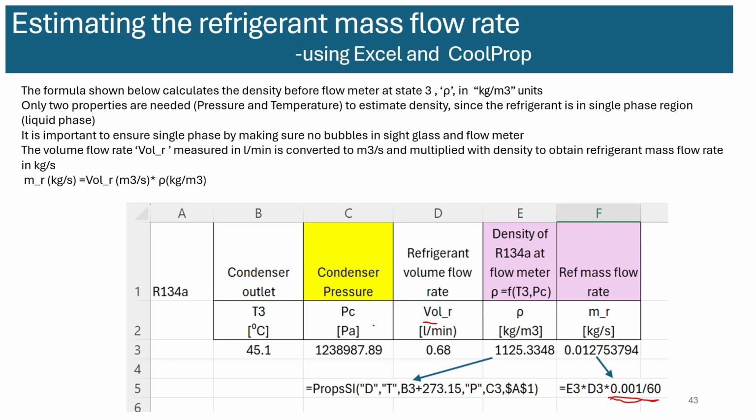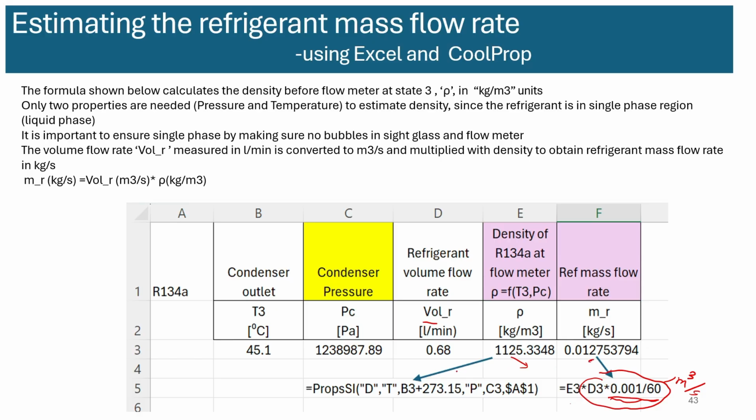So multiplying D3 to this is meter cube per second, converting the liter per minute to meter cube per second. Now multiplying E3, density, to that will give you the kilogram per second.